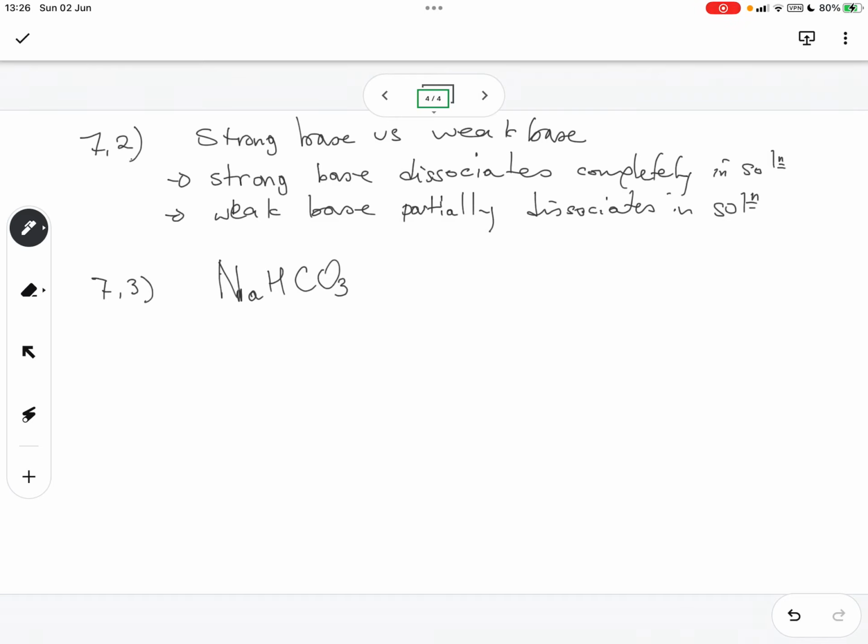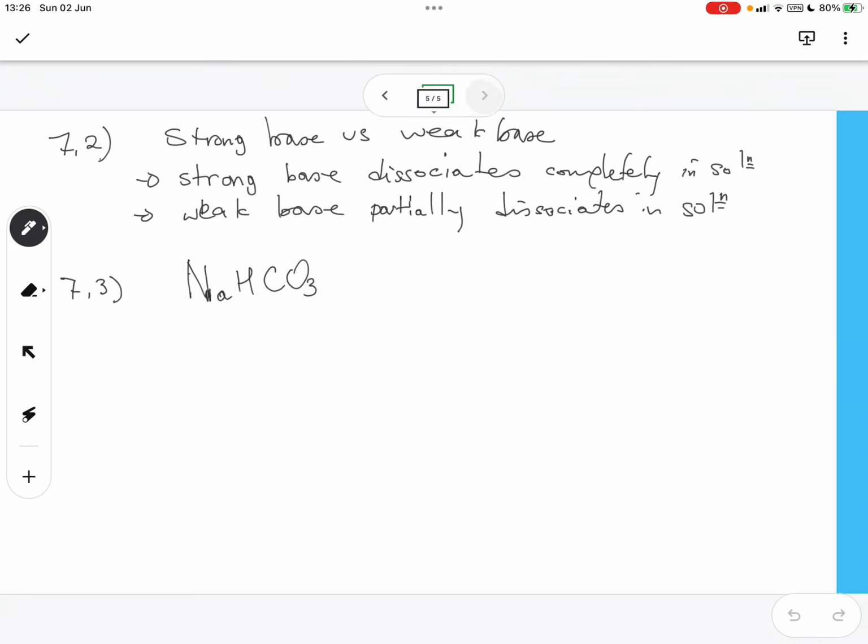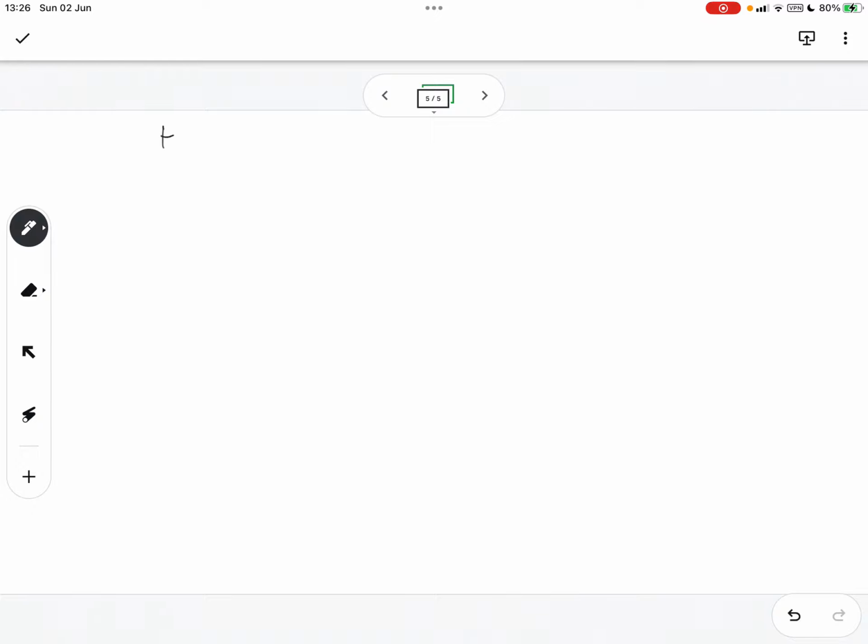A simple rule to determine the likely pH of a solution is as follows. If we have a strong acid plus a strong base, they form a neutral salt and a water solution. So let's look at hydrolysis.